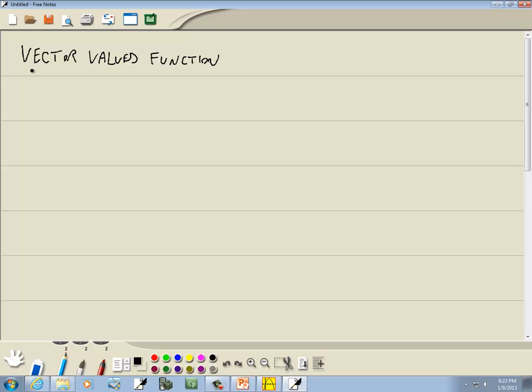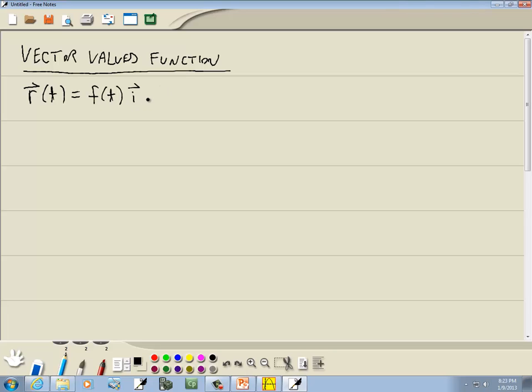So, vector valued function. This is where, instead of just a single vector in 3D, and you can have this in 2D also, we're going to have functions associated with each of our different pieces.